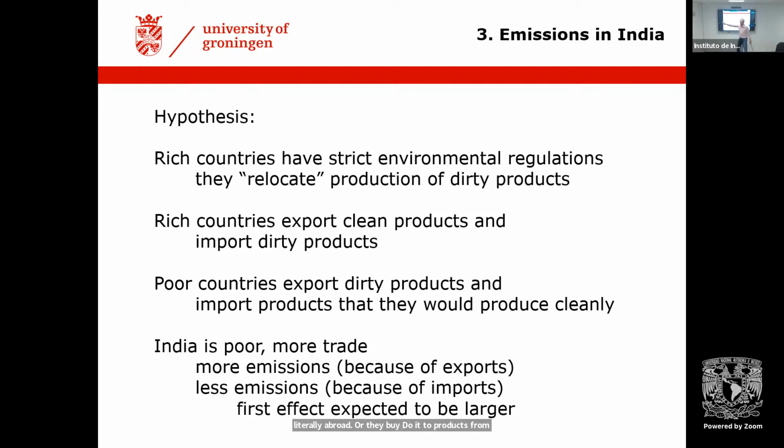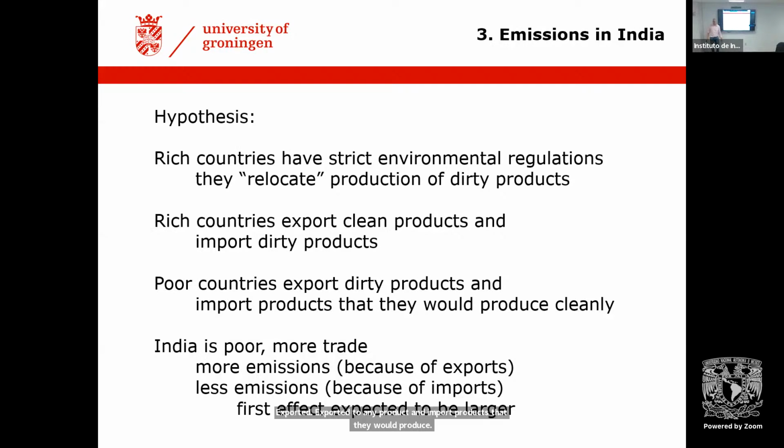So they say, you produce the dirty products and I import from you, and I export clean products to you. In that case, I, rich country, am the champion of environmental regulations, and the champion of the Kyoto Protocol. So rich countries export clean products and import dirty products; poor countries, vice versa, export the dirty products and import the products that they would produce cleanly.